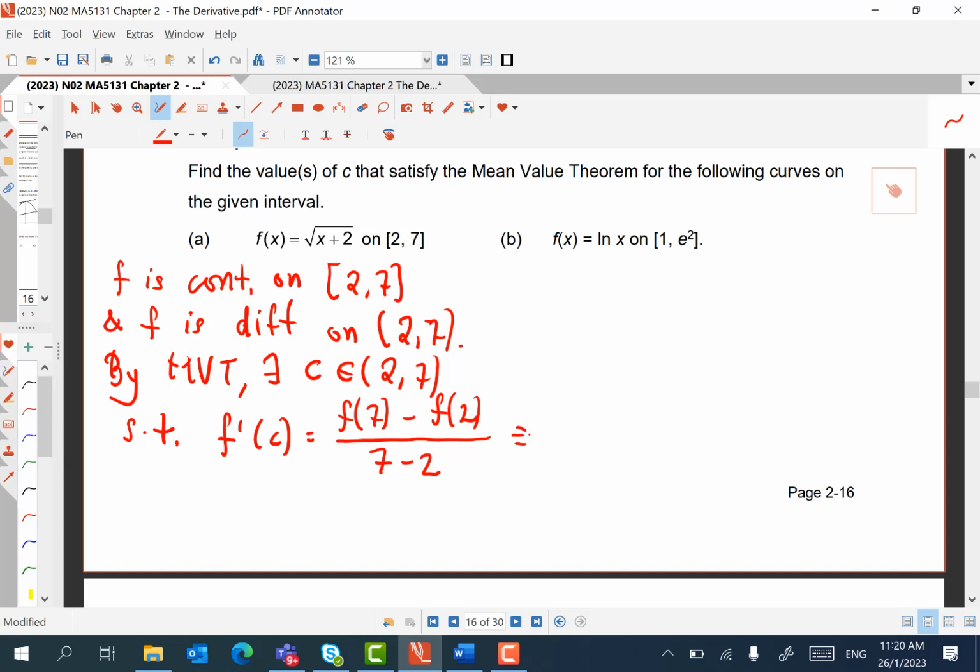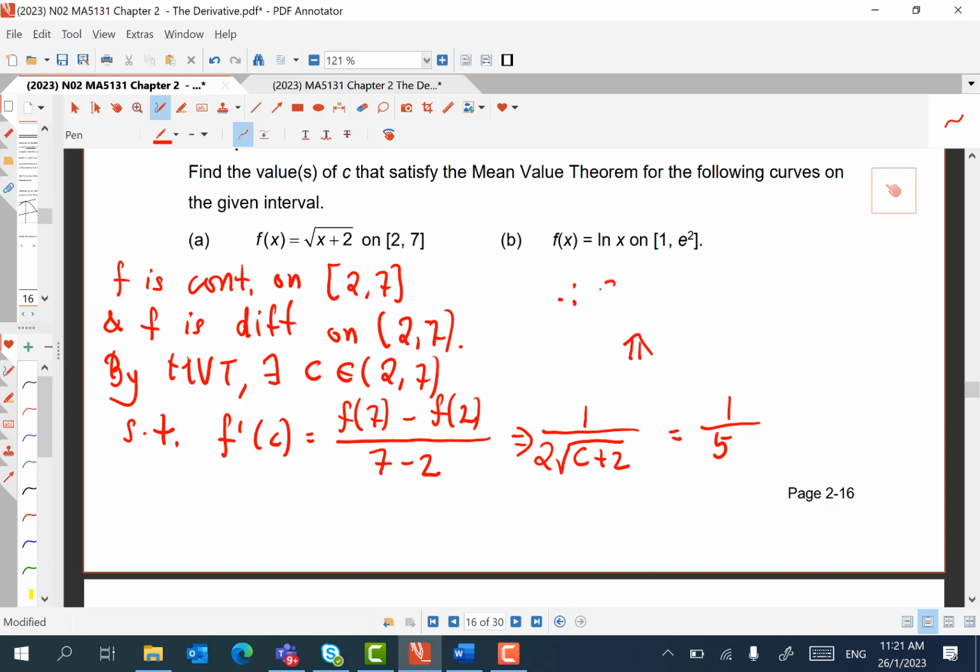then this implies that f prime of C, how much is f prime of C? It is 1 over (C plus 2). What is f of 7? It is 3, and then minus 2 is 1, and then the denominator is 5. So I did some arithmetic mentally. I'm sure you will get the same thing.